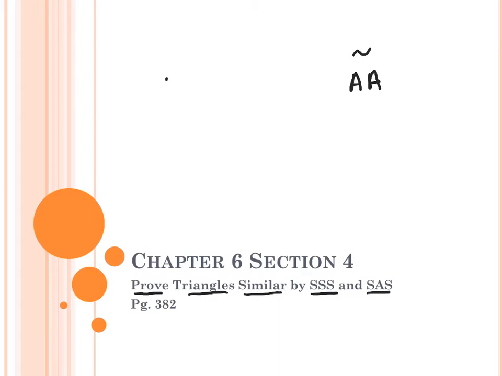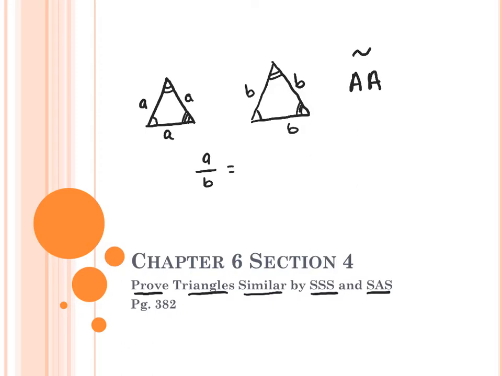When we first started this, to show that two triangles were similar, we needed to know that all of their angles were congruent and all of their sides were proportional. So like A to B, A to B, A to B, which if we matched up the corresponding sides would just be AB over AB over AB, just meaning that they make the exact same fraction every single time.